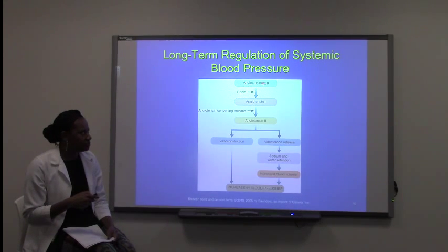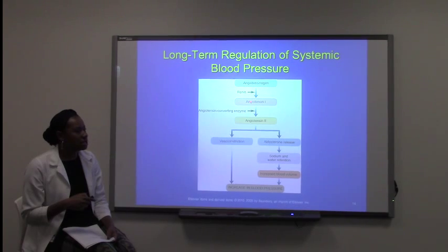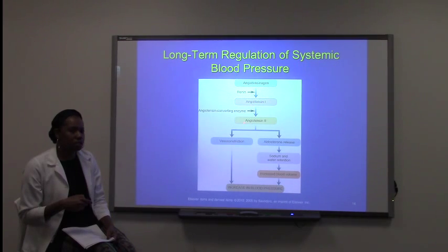angiotensinogen converts to angiotensin 1 by way of renin. Renin comes from what? Kidneys. Very good. The kidneys will secrete renin and start this whole process. Then angiotensin 1 will convert to angiotensin 2 by something called angiotensin converting enzyme.